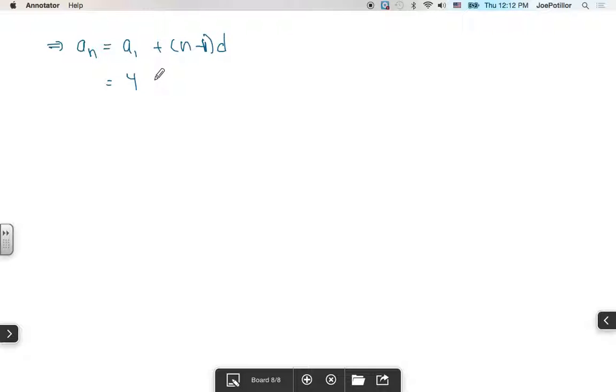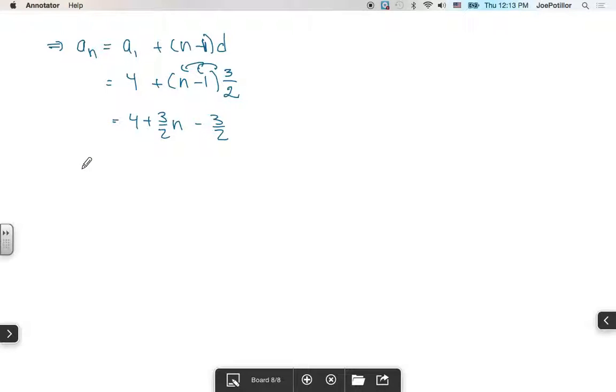A sub 1 is 4, d is 3 halves. With the distribution, we end up with 4 plus 3 halves n minus 3 halves.